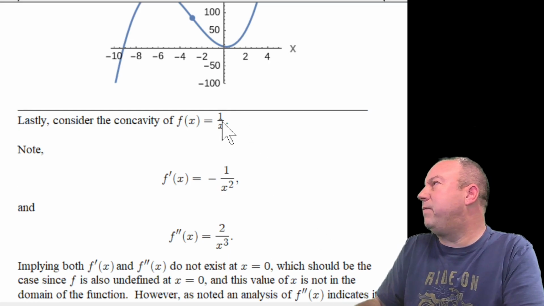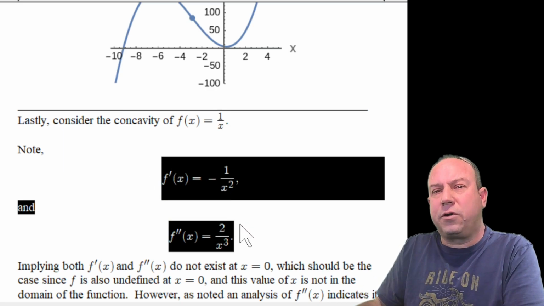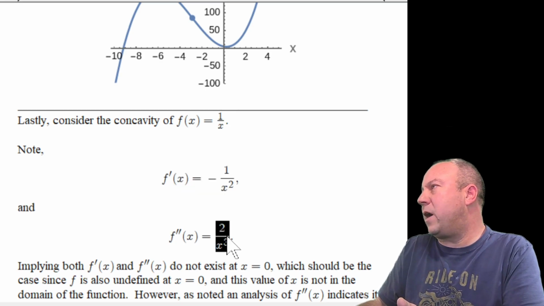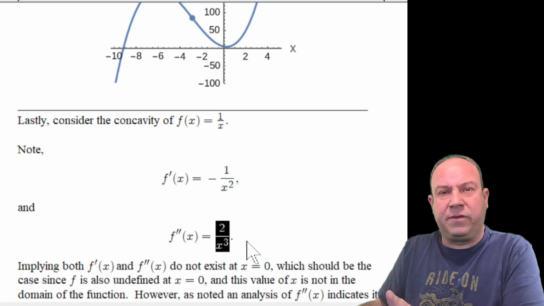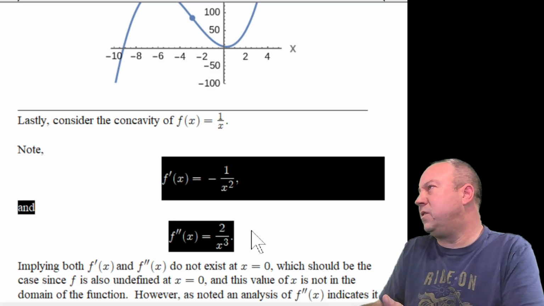I'm looking at the function 1 over x. If we look at the first and second derivatives, we get negative 1 over x squared and 2 over x cubed, respectively. And we notice both of these do not exist at the value of 0.